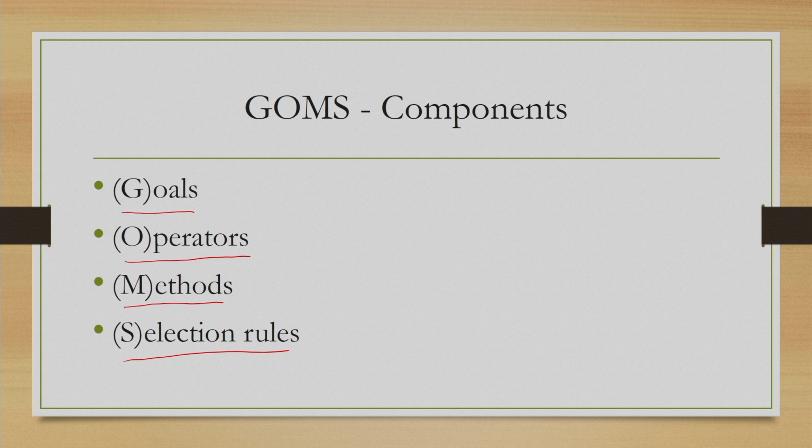So, when we talk of CMN GOMS or any model in this GOMS family, we are using the acronym GOMS, which is a collection of 4 letters. G stands for goals, O stands for operators, M stands for methods, and S stands for selection rules. Let us try to understand these 4 concepts one by one.